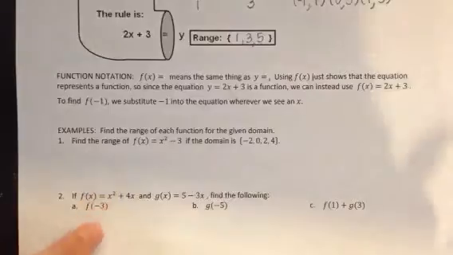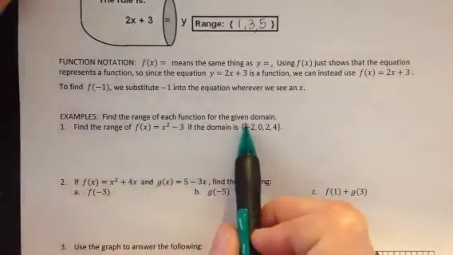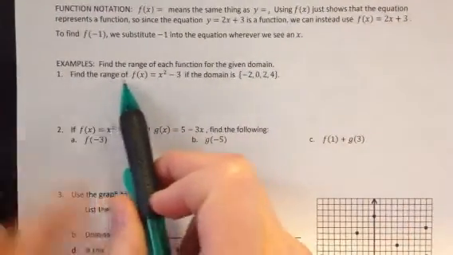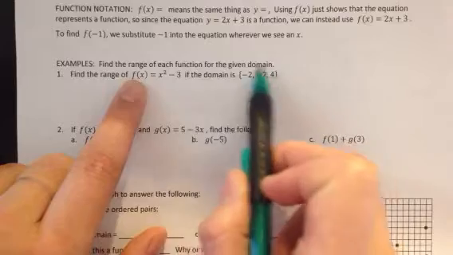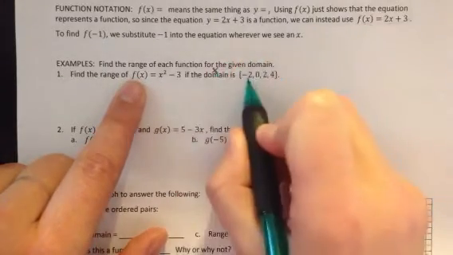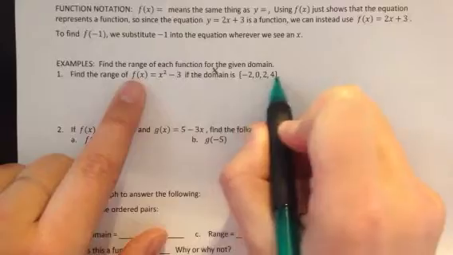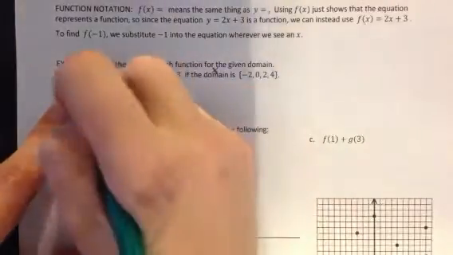So let's look at some examples. Find the range of each function for the given domain. So let's do what we just did. If we need to find the range of this function, if the domain is this, remember domain is the same thing as x. So we're taking these domain values, or these x values, plugging it in where we see x.